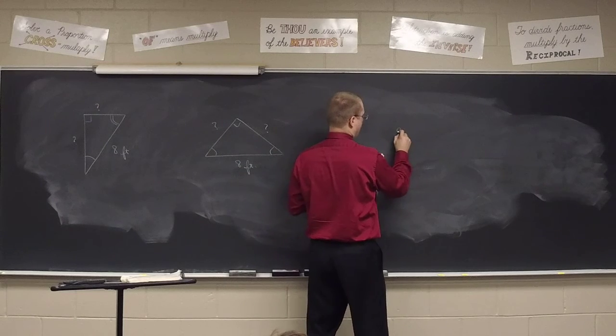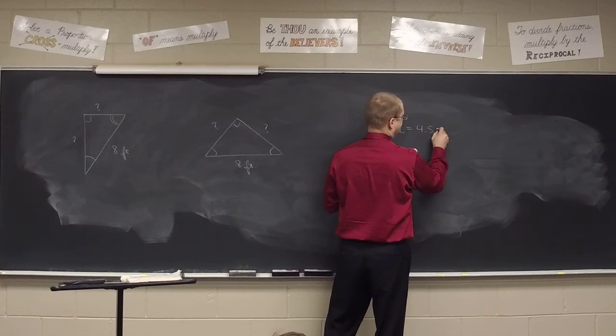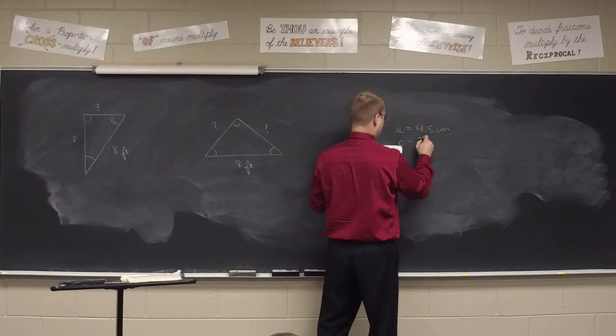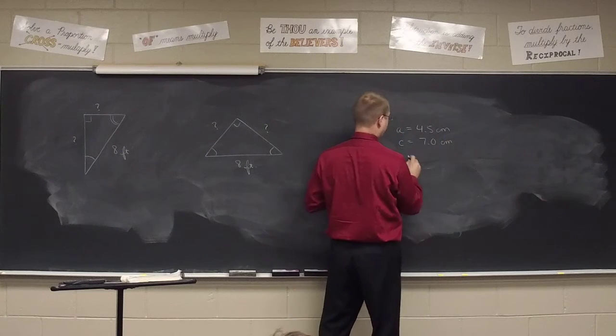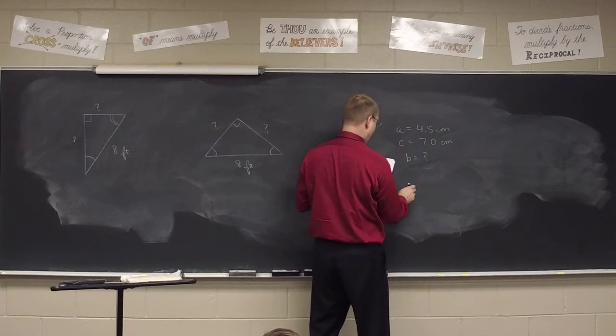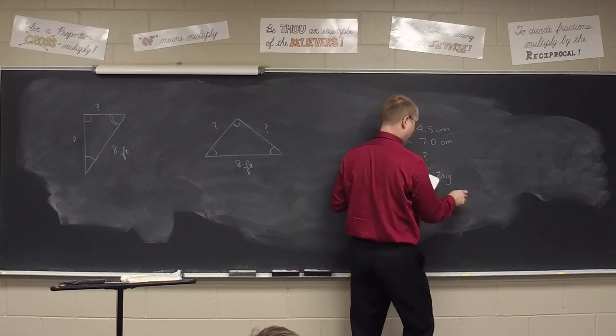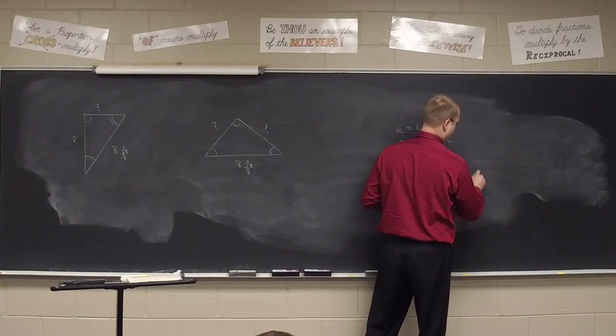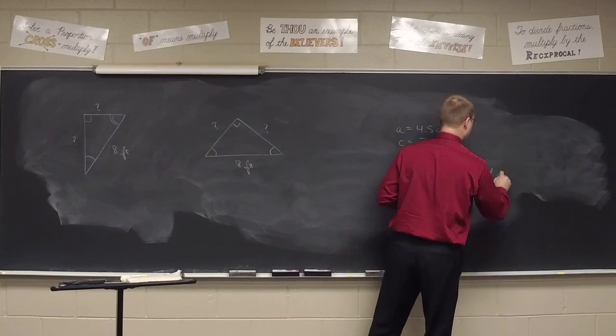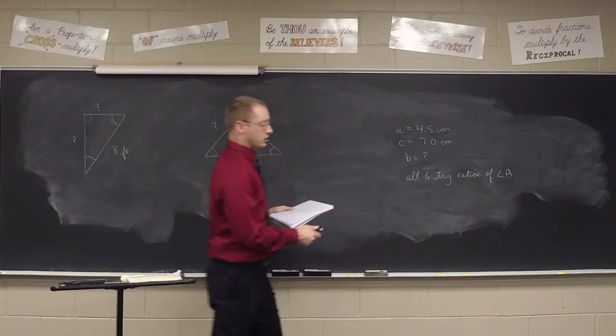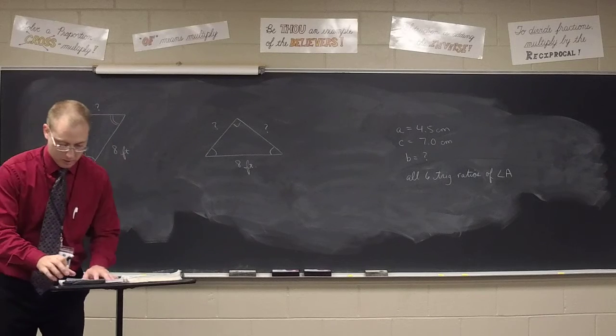Then if we've got a right triangle in which side A is 4.5 centimeters, side C is 7 centimeters, find side B, and then find all 6 trig ratios of angle A. You may want to draw a picture for that last problem.